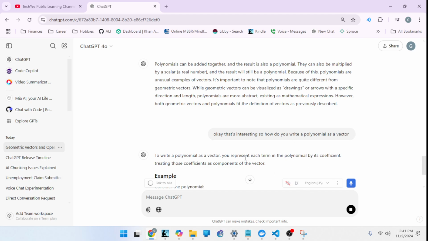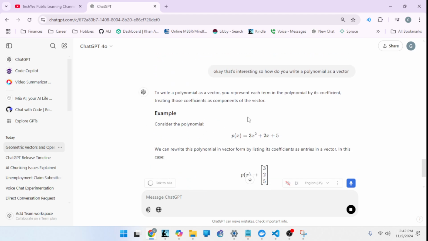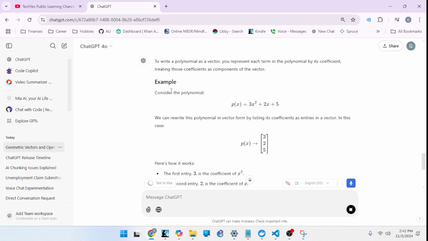All right, so you represent each term in the polynomial by its coefficient, treating these coefficients as components of a vector. So here we have a polynomial. We don't know what x is, so if we knew what x was, say x was 1, then we could write this as a single number rather than a polynomial, and it would be 10.